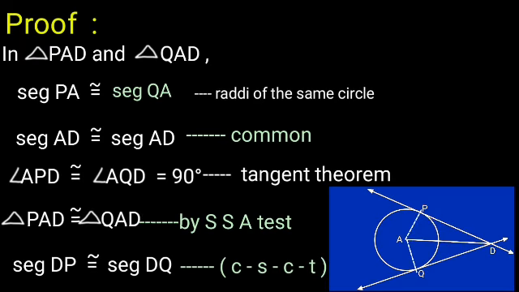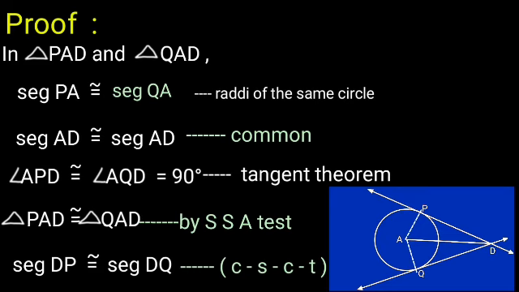Proof: In triangle PAD and triangle QAD, segment PA is congruent to segment AQ, radii of the same circle.